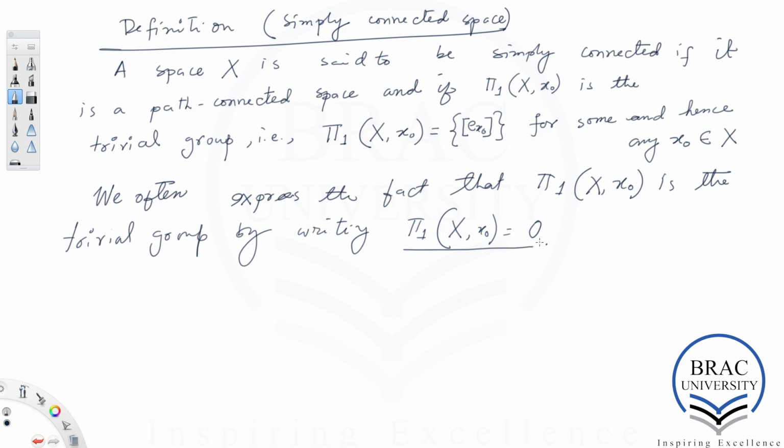So a simply connected space is a path connected space whose fundamental group with reference to any base point is the trivial group. So we end the first segment here.